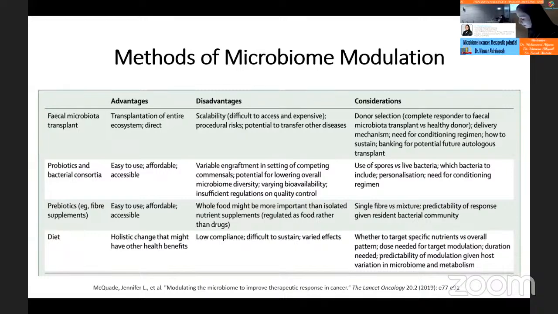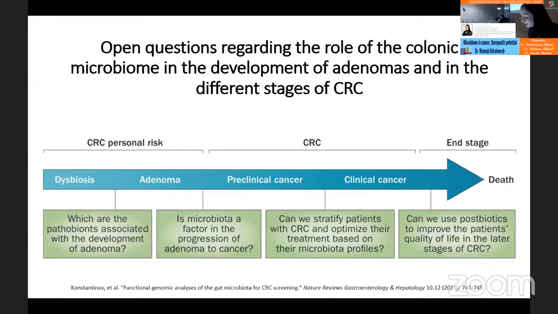The advantage of using diet to modulate the microbiome is that it is a holistic change that might have other health benefits. So here are some open questions regarding the role of the colonic microbiome in the development of adenomas and in the different stages of colorectal cancer, starting from dysbiosis, adenoma, to preclinical cancer, clinical cancer, and then death.